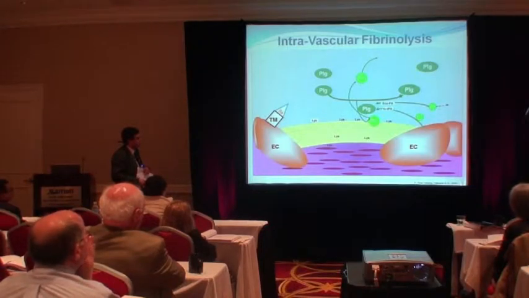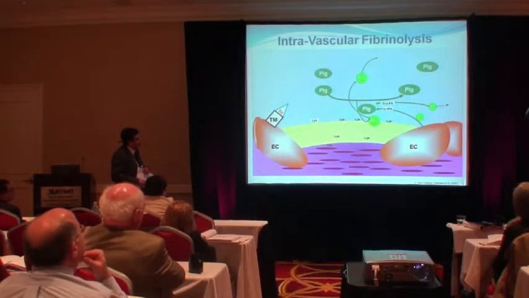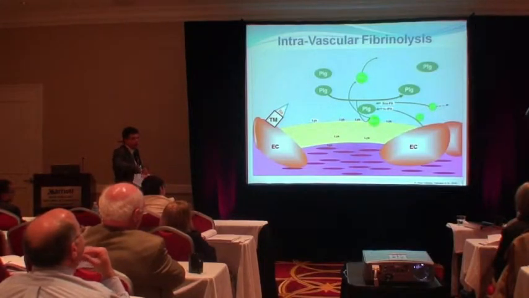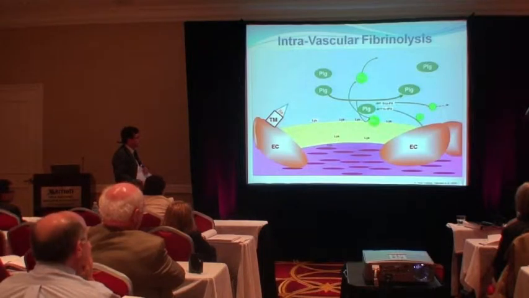Plasminogen binds to the fibrin clot through the lysine binding sites, and then it is converted to plasmin through the action of TPA, which also binds to fibrin on the lysine sites. And TPA in turn is cleaved to two-chain TPA, and this enhances the fibrin dissolution.